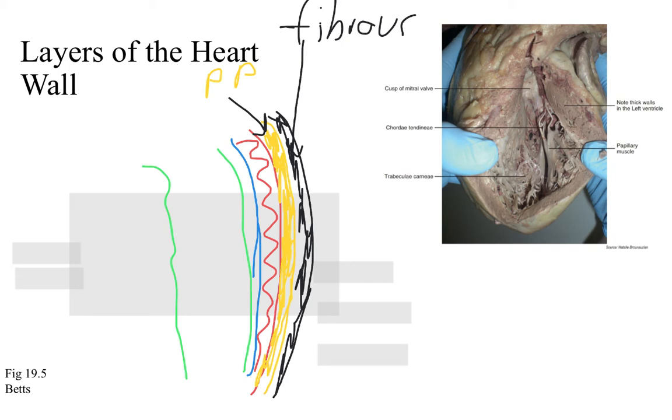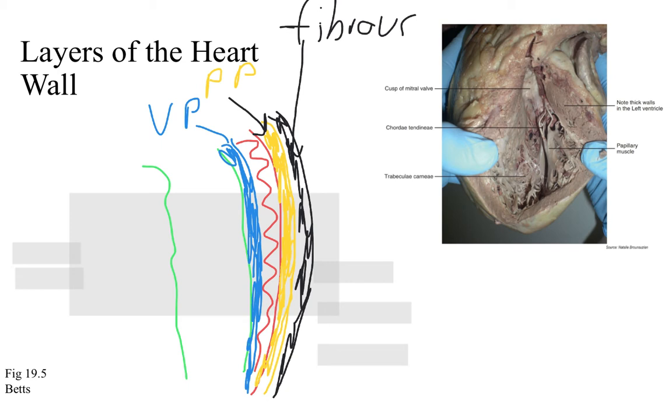And then we have our next layer, all right, and remember this next layer was called the visceral pericardium. Visceral means organ, so this is the pericardium that's also attached to the surface of the heart. All right.